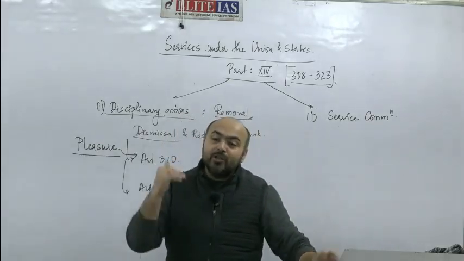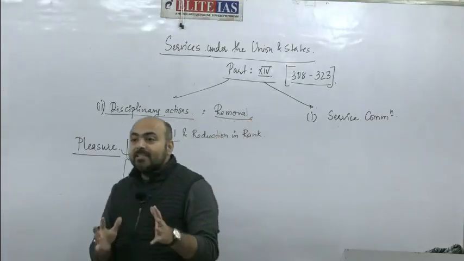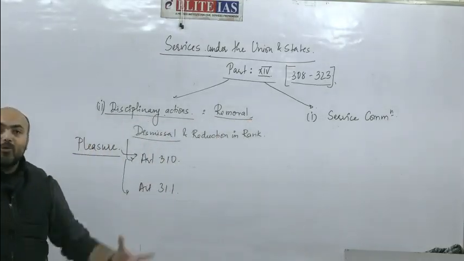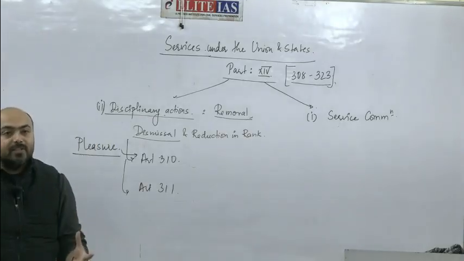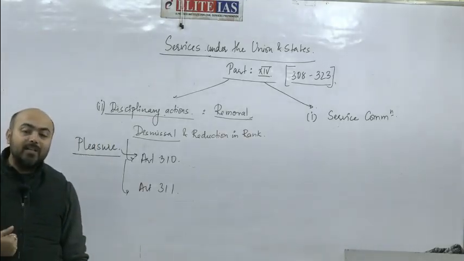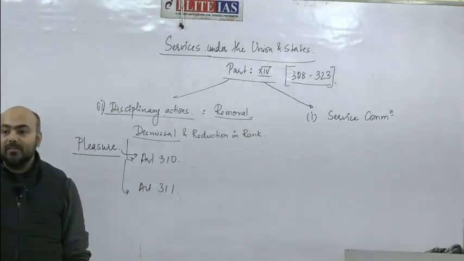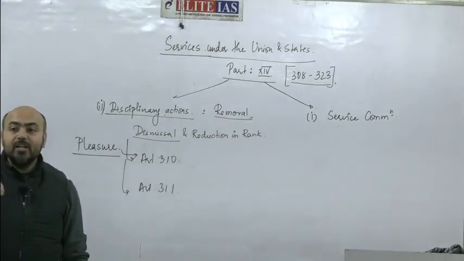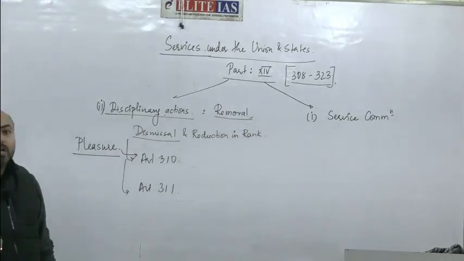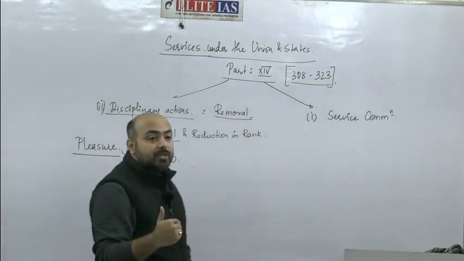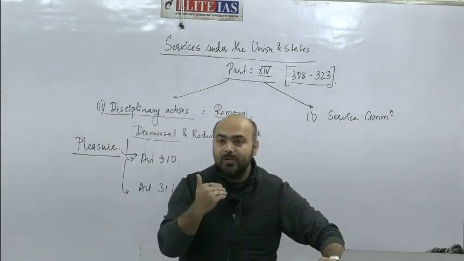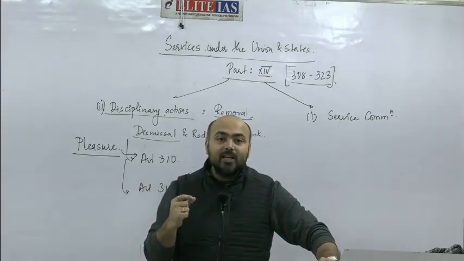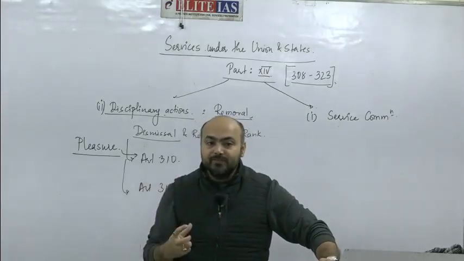The Constituent Assembly felt that the All India Services were nothing but a legacy, or a burden of the past. So the initial draft of the constitution did not include it as a constitutional provision.